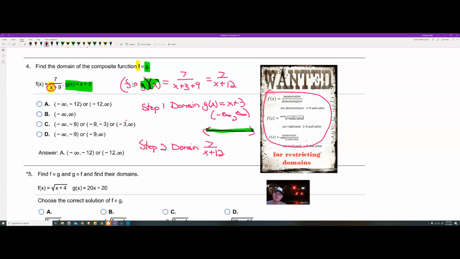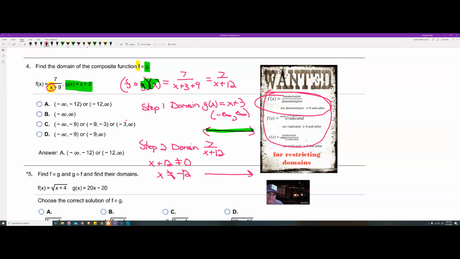So we know to set it not equal to 0 and solve it. x can't be negative 12. Now you combine the two restrictions. This one doesn't have any restrictions on it. It's all real numbers. This one just says x can't be negative 12.